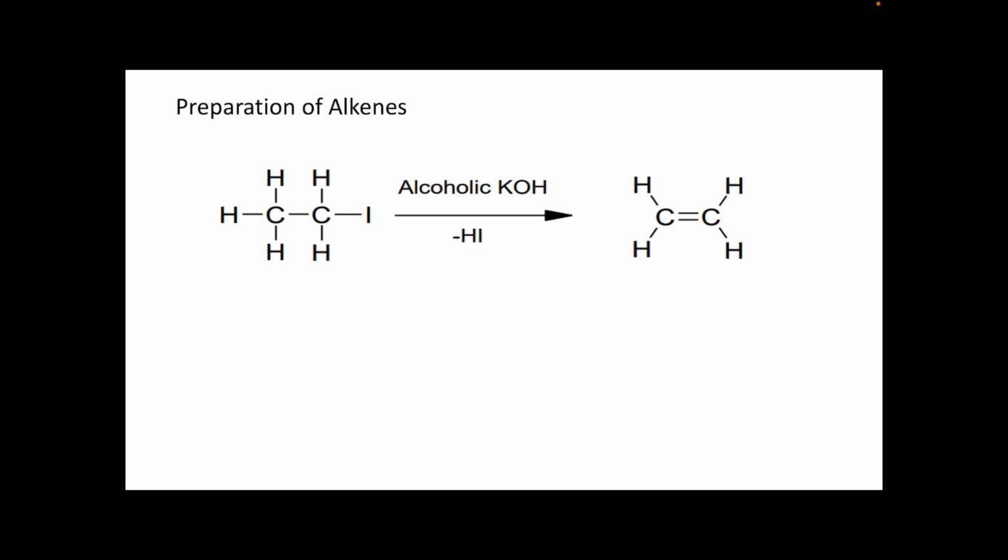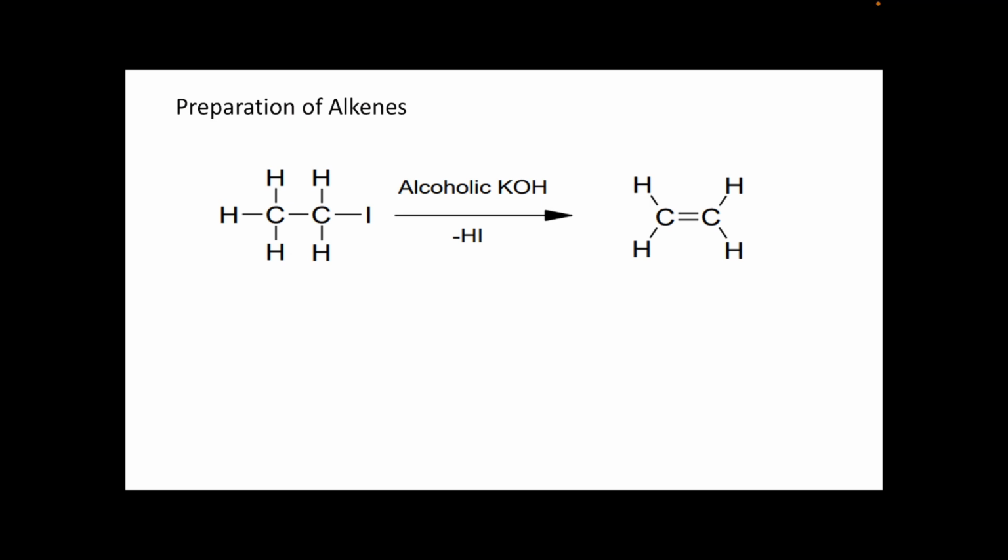So this haloalkane is treated with potassium hydroxide, KOH, but you'll note that it says alcoholic potassium hydroxide. So that is potassium hydroxide that is made up in ethanol as opposed to water. And you can see what happens.